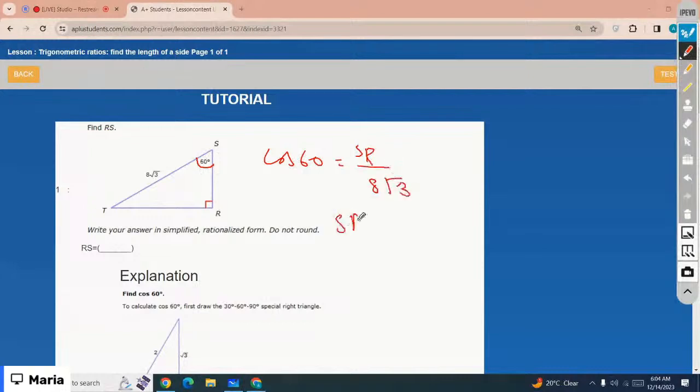So SR equals 8 square root 3 times 60. Let's use the calculator: 8 square root 3 times 60. The correct option is 107.3.